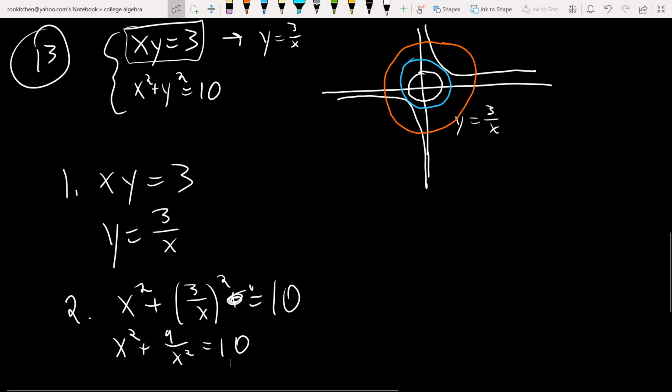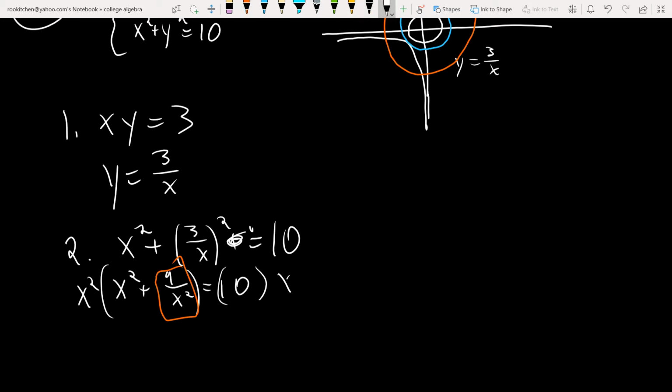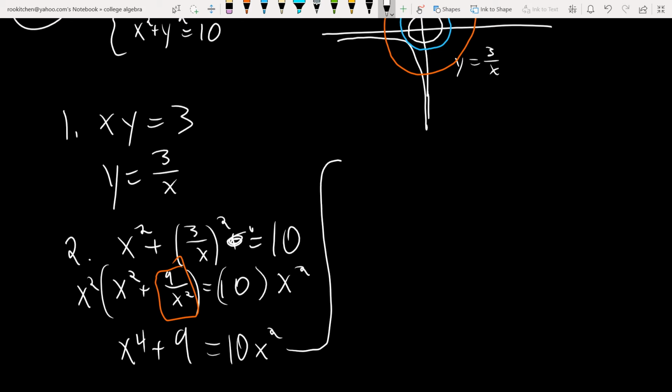This is a rational equation. How do we solve these? Multiply both sides to get rid of the fractions. Okay, so we want to get rid of that second term, this fraction here, so multiply by x squared on both sides. So if I distribute, I'll get x to the 4th plus 9 equals 10x squared. That thing, you want to set it equal to 0.